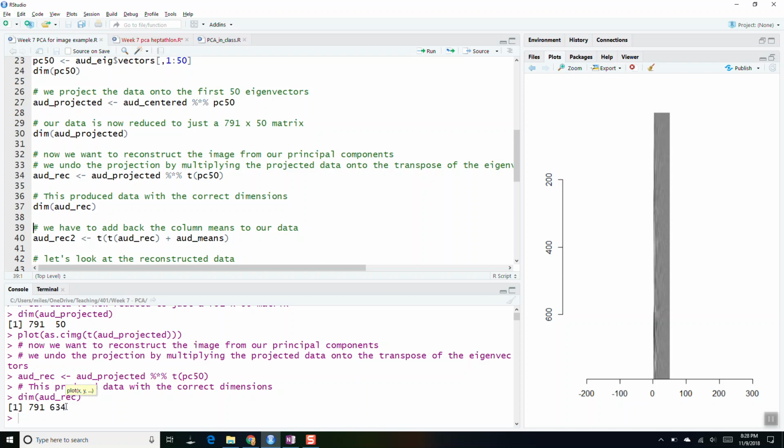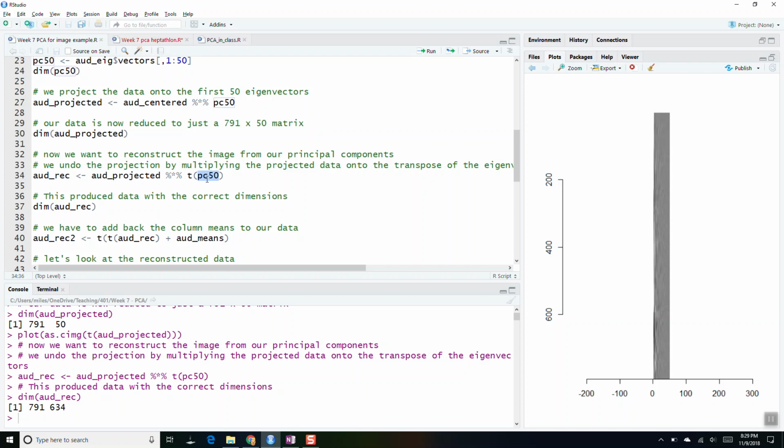Effectively, we don't actually do image compression this way on the computer, but if we wanted to, we could take the original image, project it down to only 50 dimensions, and then transport the reduced matrix. There are pieces we would need to send: the 791 by 50, and PC50, which has the operation to undo the transformation.